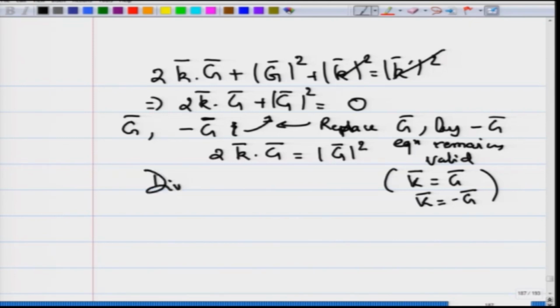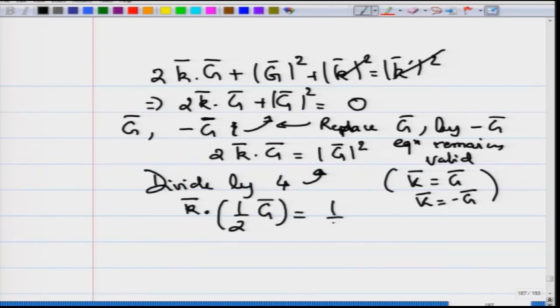Now, divide this equation by 4, and you will get the condition that k dot half of G is equal to half of G the whole square.